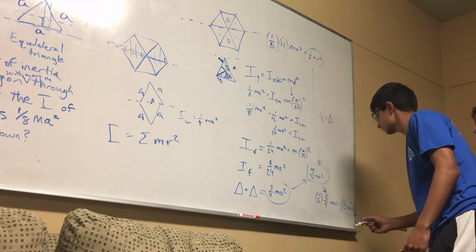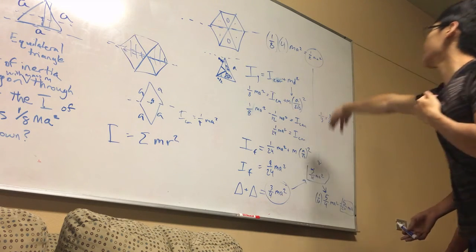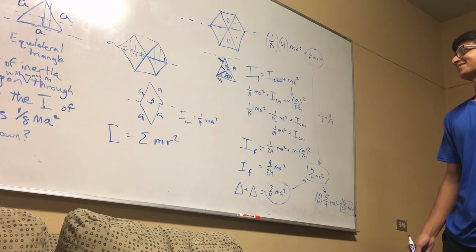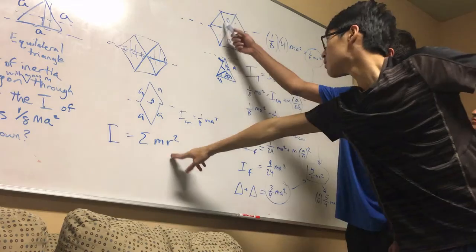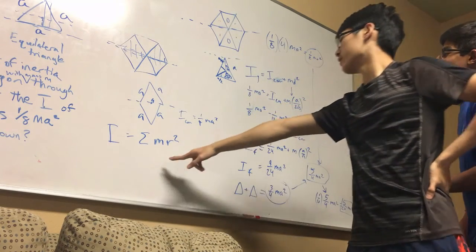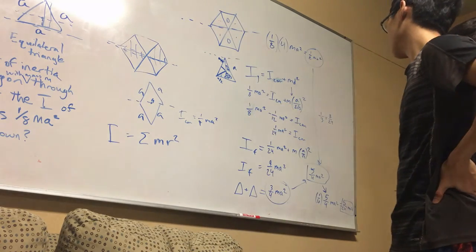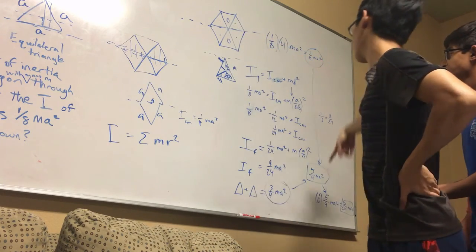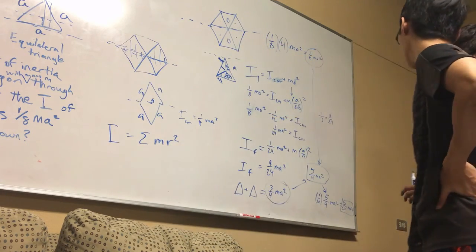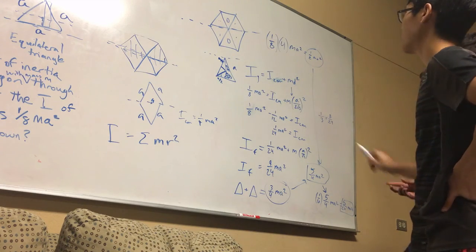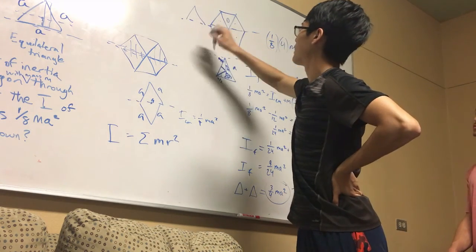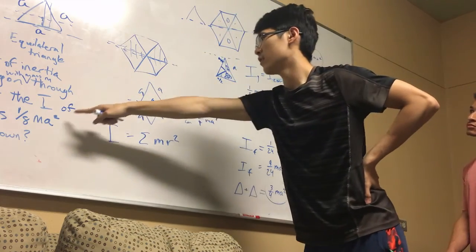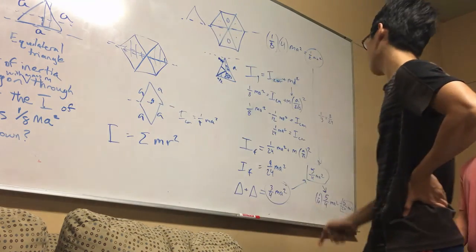Before we go on, why were you able to just add these together? Remember, the equation for moment of inertia is just adding up all the mr squared. If you know this is the mr squared and you know that is the mr squared, then just add them together, and that's the equation for I. So if we had another triangle here that's the same as these equilateral triangles, all we would do is add 1 over 8 ma squared to this answer.